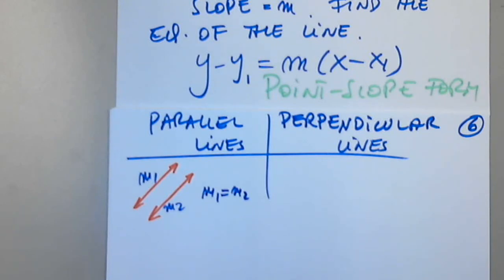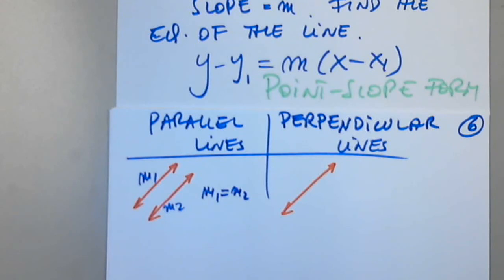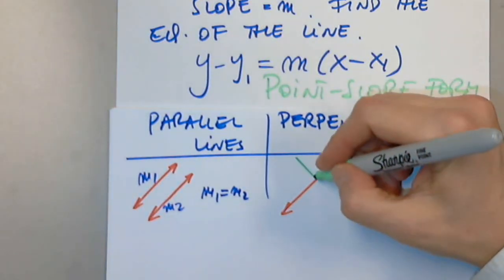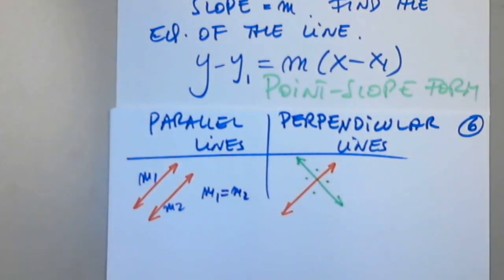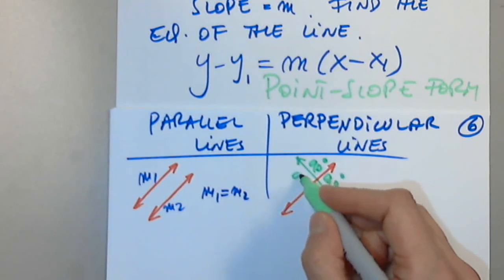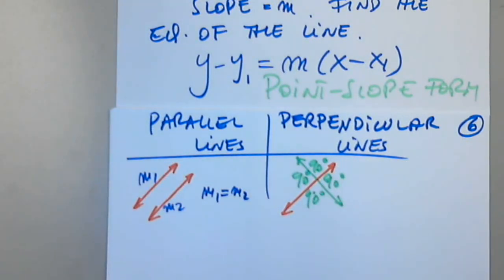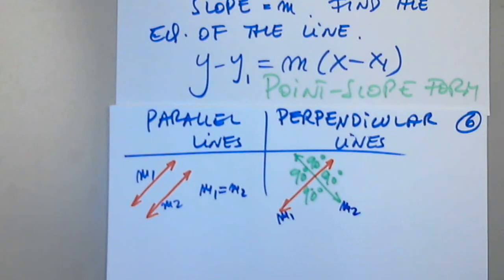Good. So let's look at two lines that are perpendicular. Two lines that are perpendicular form four 90-degree angles. 90 degrees, 90 degrees, 90 degrees, 90 degrees. I'm going to call the slope of this one m1 and the slope of this one m2.